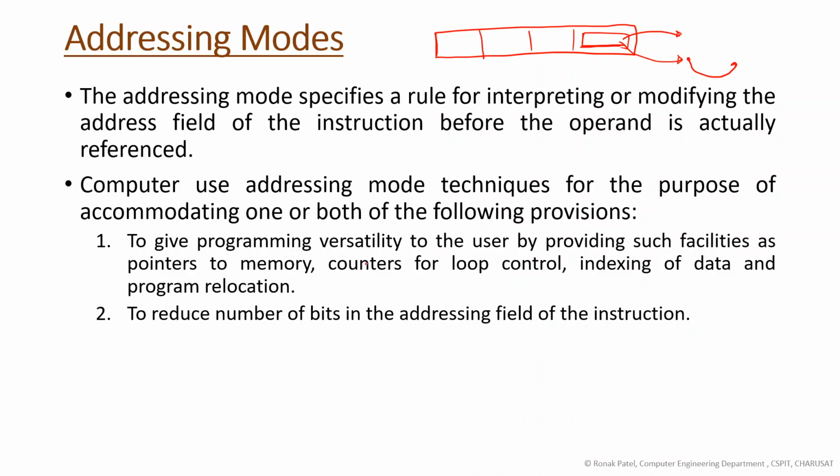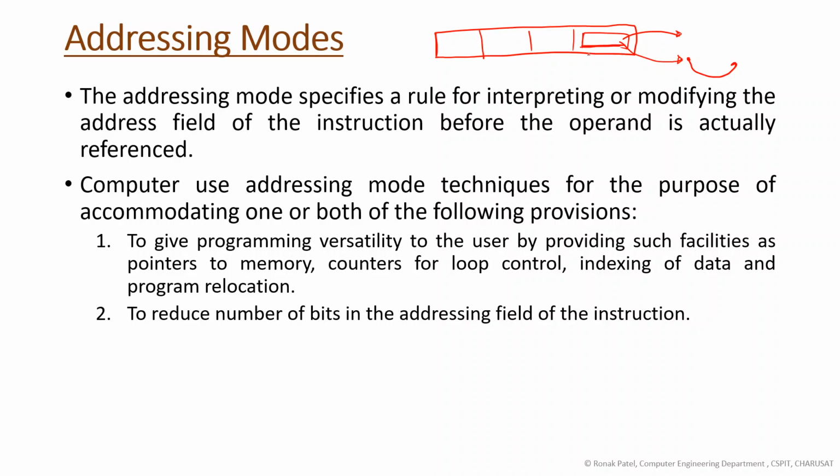Second is to reduce the number of bits in the addressing field of the instruction. Suppose you fix this length, then it will be difficult and your instruction length will be high.